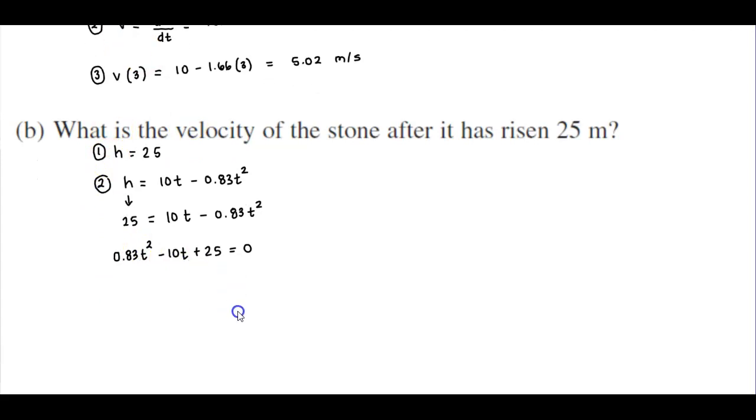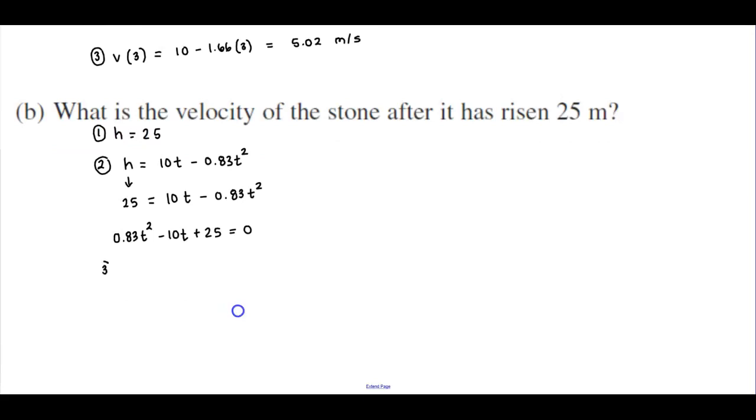Okay, so if we use the quadratic formula, that means that t is going to equal negative b, which is positive 10, plus or minus the square root of b squared minus 4 times 0.83 times 25, and that's all over 2 times 0.83.